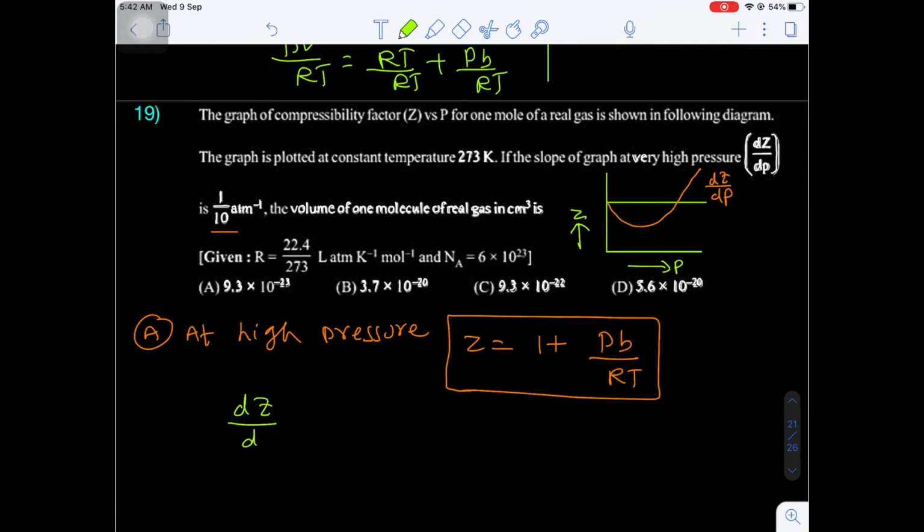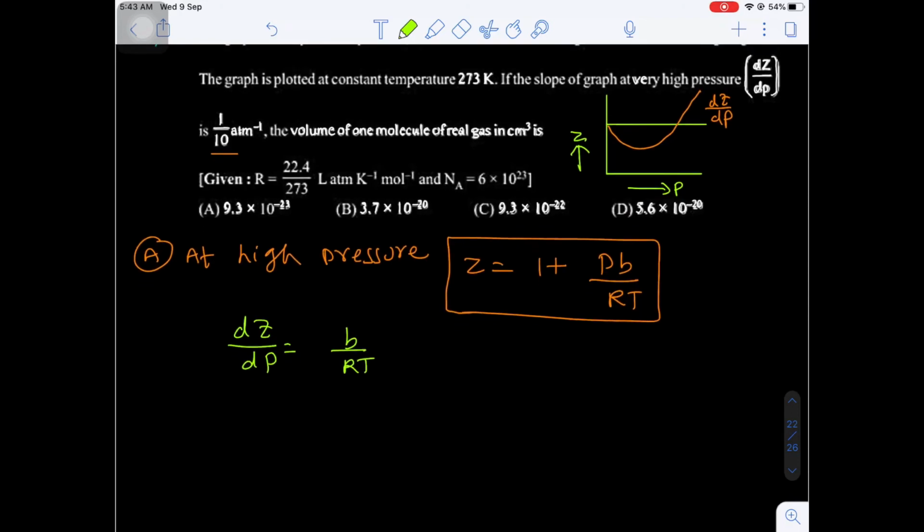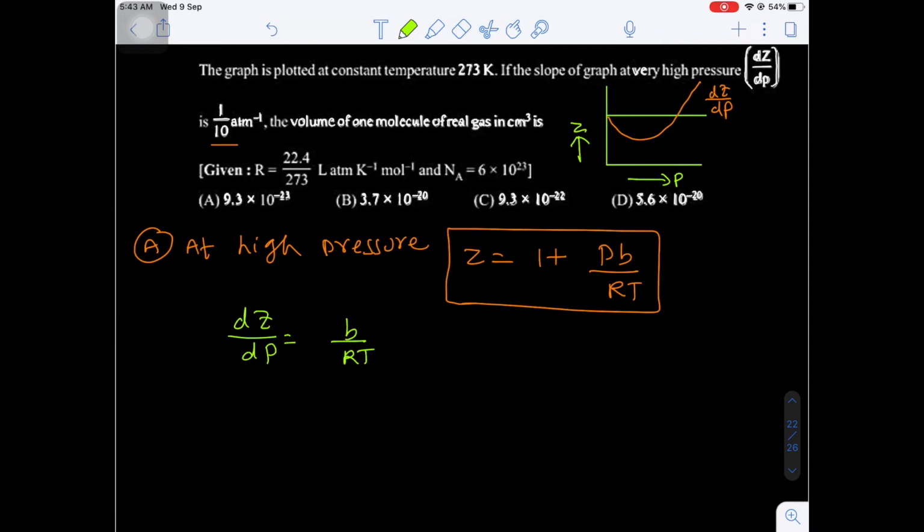So dZ by dP equals: for the constant 1, differentiation will be 0. Here B by RT is constant, and dP by dP will be equal to 1. What is the slope dZ by dP? That is given as 1 by 10, which is equal to B by RT, where B is the van der Waals constant.